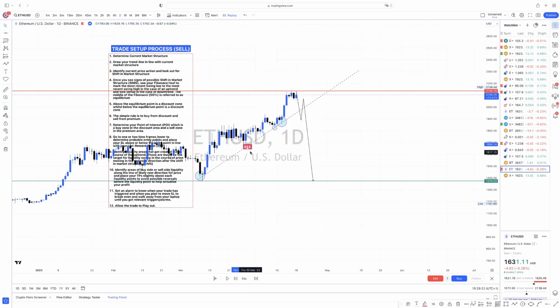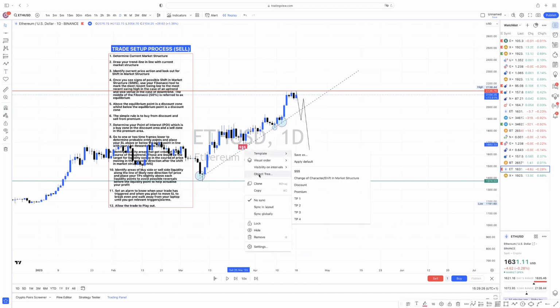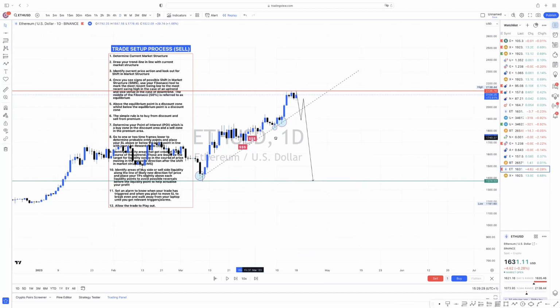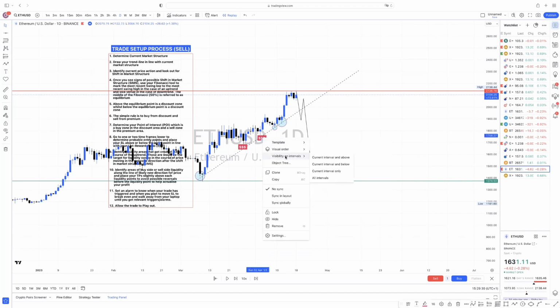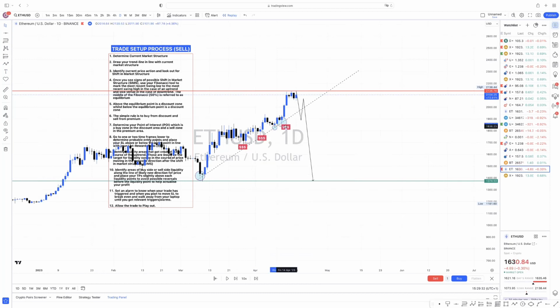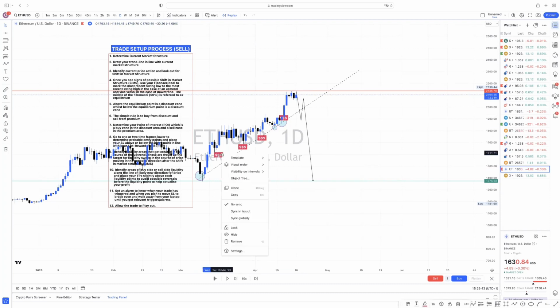Now, if you look at this, there is liquidity sitting here, there is liquidity sitting here, there is liquidity sitting here, there is liquidity also sitting here, as you can see, right? And this is the final liquidity that has been created.